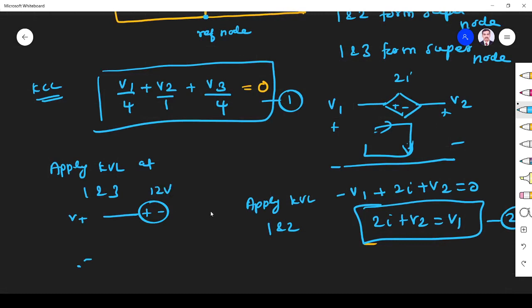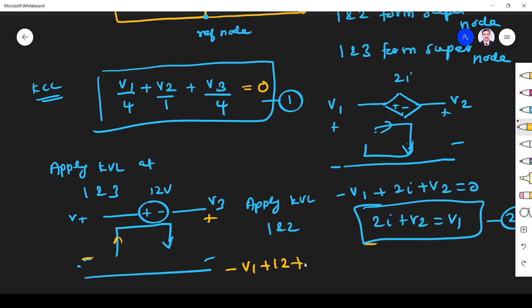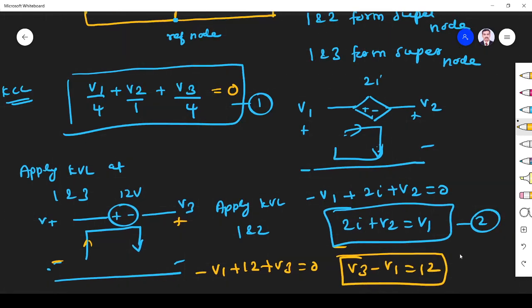Here V3. Now we apply KVL. This will be minus V1, encountering minus first. Here it is encountering plus, so plus 12 volt. This plus minus, so again it is plus V3. That is equal to 0. This implies V3 minus V1 is equal to 12 volt. This is equation number 3.